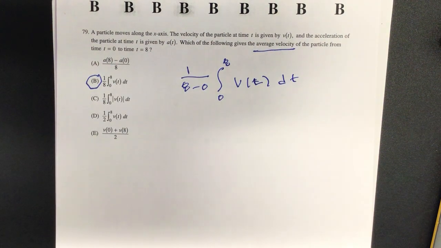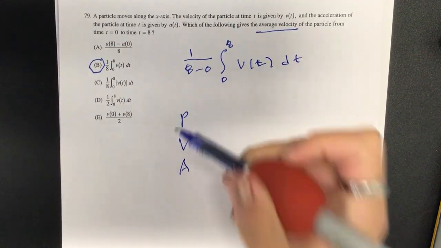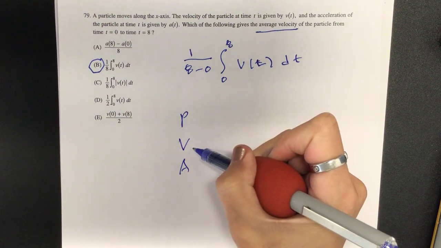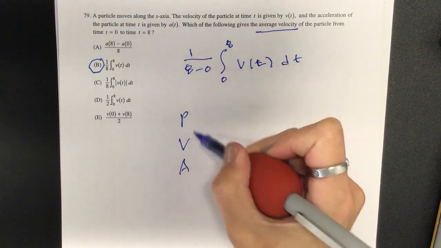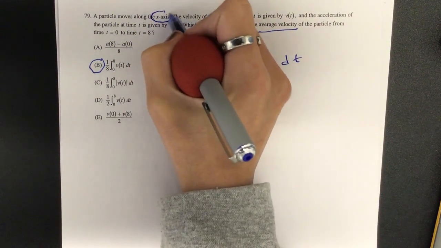Now, AP Tester could also give you another way of mentioning this. Okay? So let's write out PVA real quick. The derivative of the position is velocity, correct? So that means if I find the slope of the position, that is a velocity, right? So our position is noted by x.